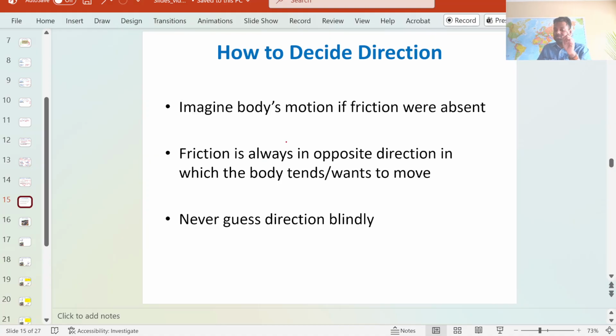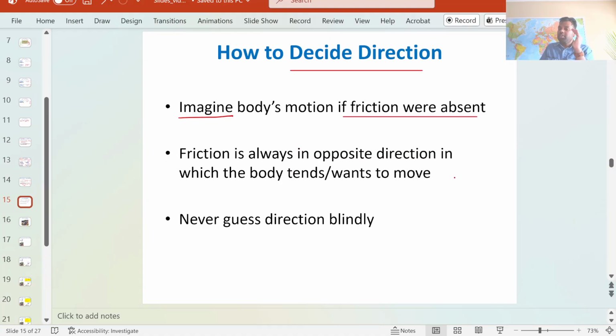Next, how to decide direction. You should start with the imagination that there is no friction. So imagine there is no friction, and apply all the forces on the body.